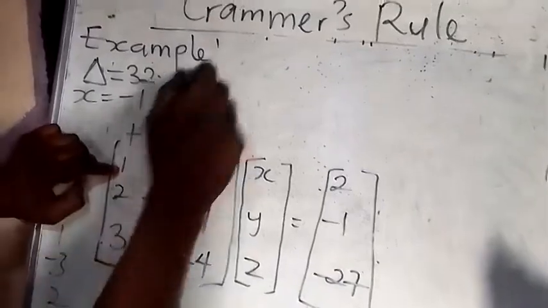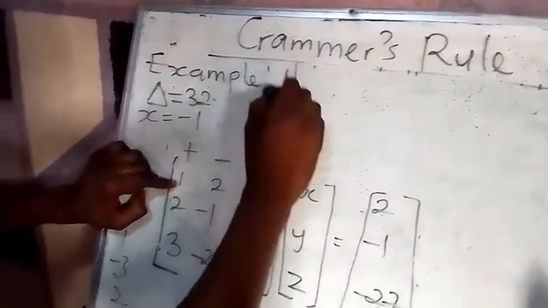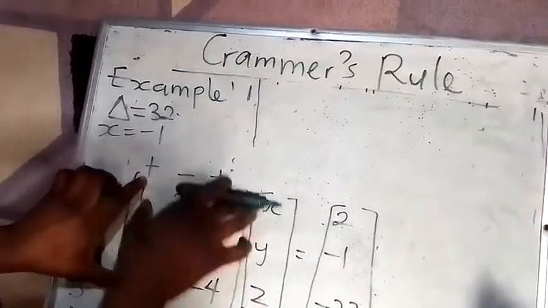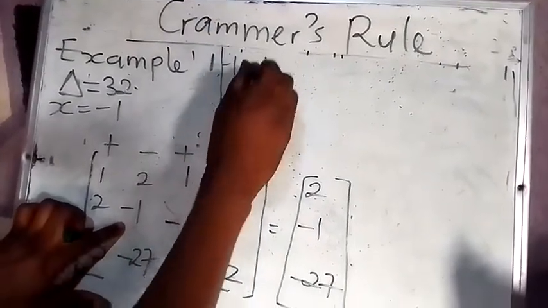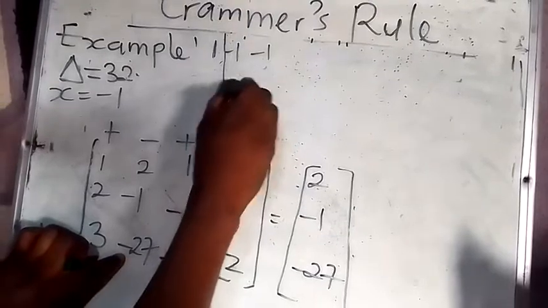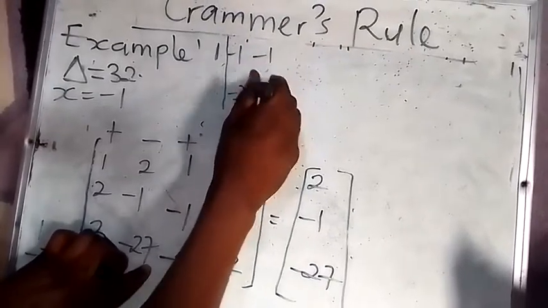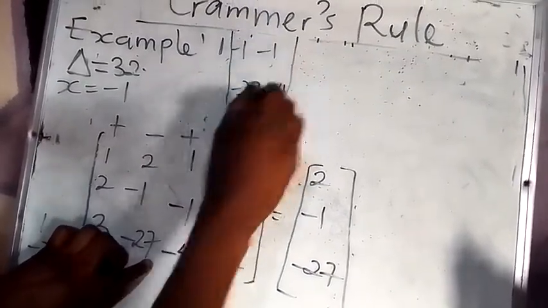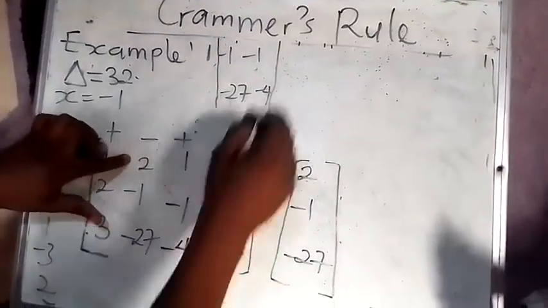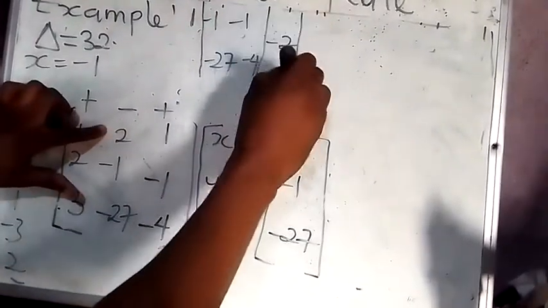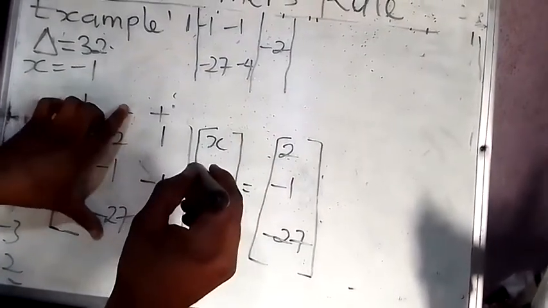Hold the 1, cross this and cross this. What do we have? We have minus 1, minus 1, minus 27, minus 4. Hold 2. This is minus 2. We have minus 2 here. Cross the vertical and the horizontal.